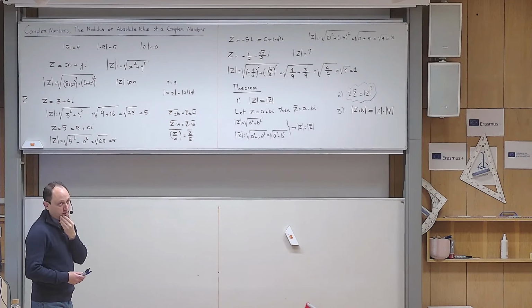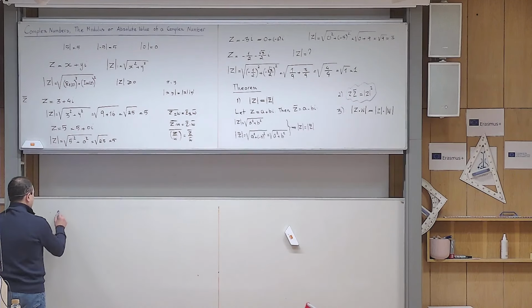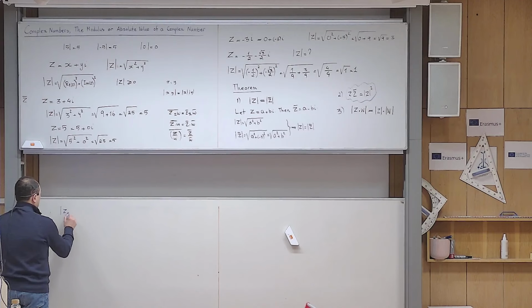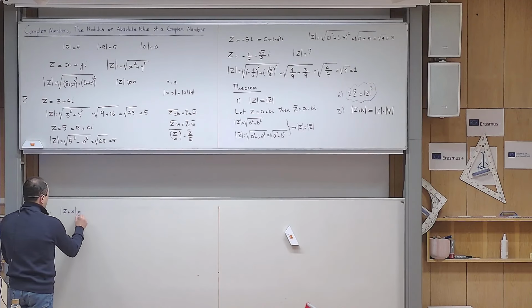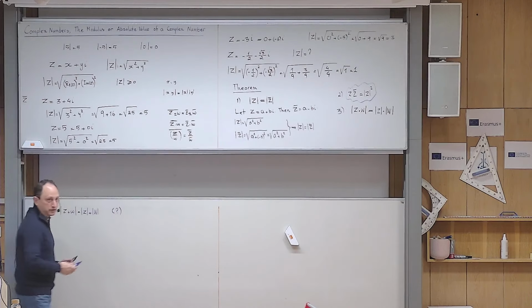The absolute value of z plus w is equal to the absolute value of z. Yes, that is the speculation. So what do you think about this? The absolute value of z plus w is equal to the absolute value of z plus the absolute value of w. So we want to ask if this is true or false.